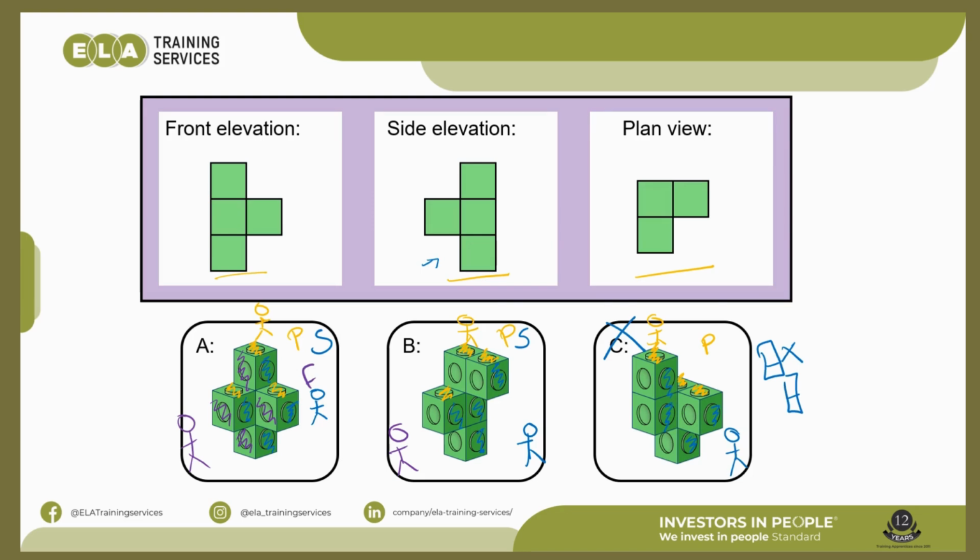And B, we can see 1, 2, 3, 4. So our front elevation for B would be 1, 2, 3, but the fourth one would be here. So that rules out B, which means A must be the answer for the elevations and the plan view that we're given. Let's check. Fabulous.